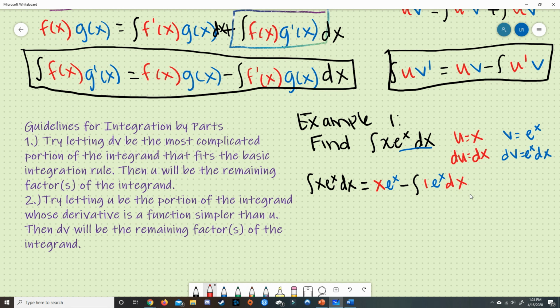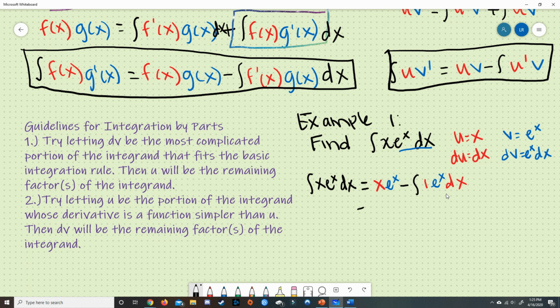We're not done yet. You're not done until you've gotten rid of the integral operator on this side of the equation. So now we actually have to integrate this, but integrating this is a heck of a lot simpler than integrating this was, and that's the integration by parts piece of it. What happened was we integrated one piece of it already, and now we have to integrate the other piece of it. And when all the integral symbols are gone from this side of the equation, you know that you are done.